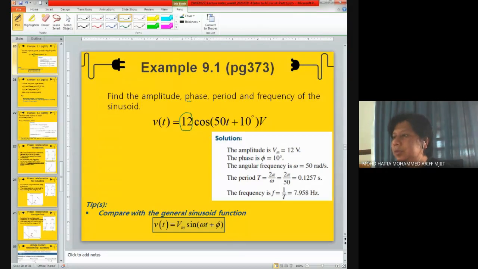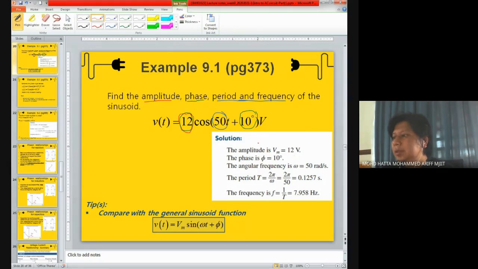If you look at the phase, this is related to the phase, the angle itself. If you would like to assess the period and the frequency, this is the thing you will look into. So the amplitude, based on this element, is 12. So the amplitude here, Vm, is 12.